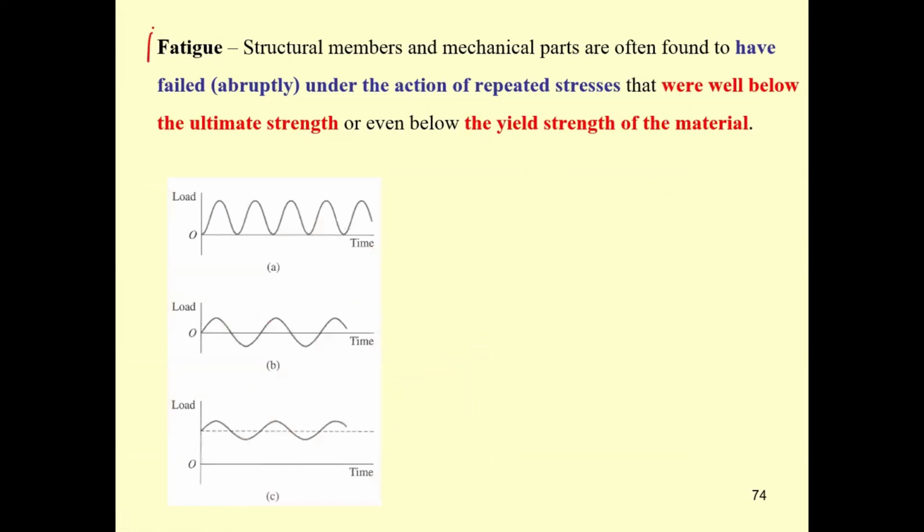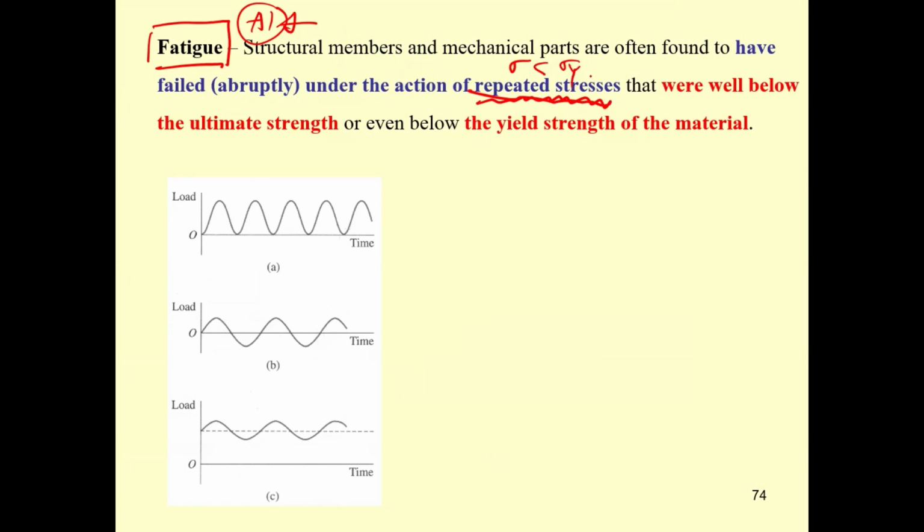In the last lab in our material testing, we tested fatigue for aluminum. When ductile material such as aluminum is subjected to repeated stresses, the stress should be larger than the yielding stress.